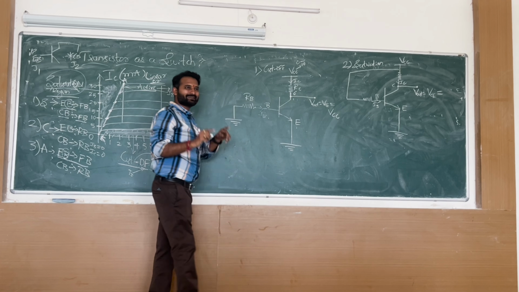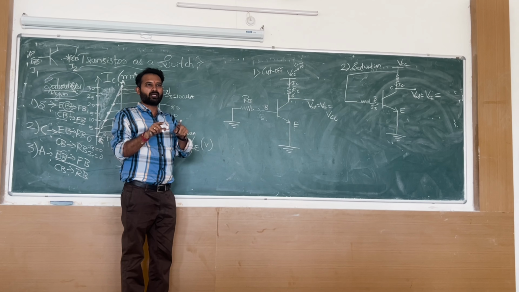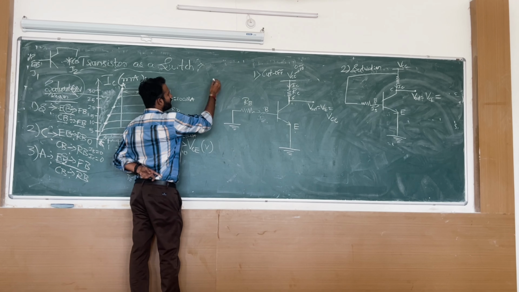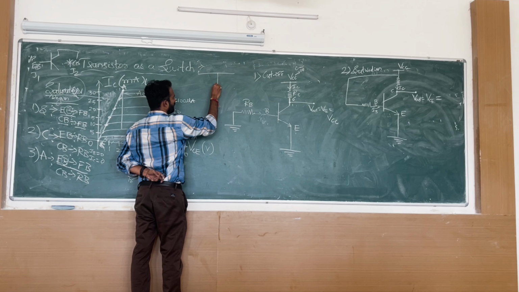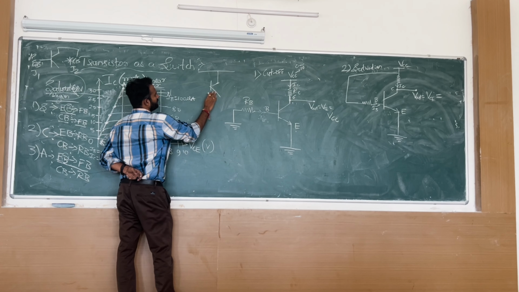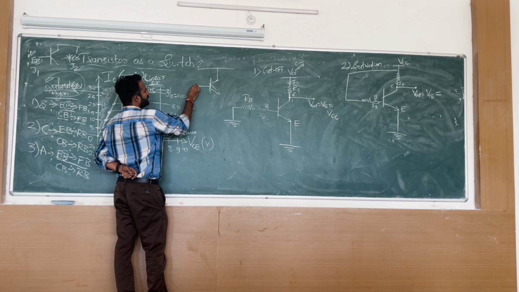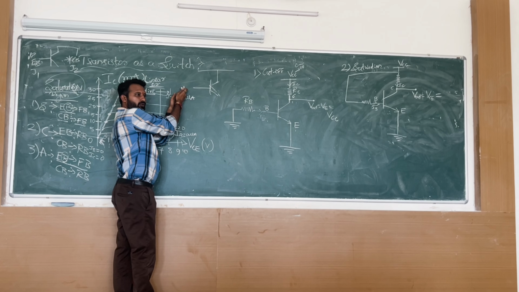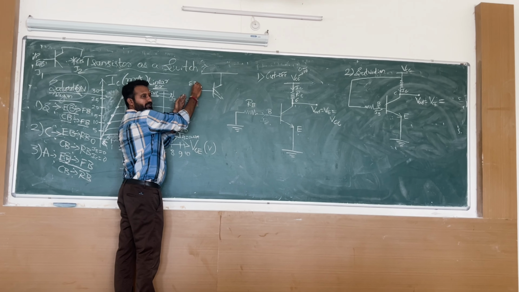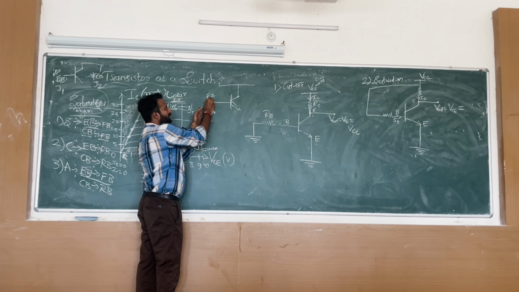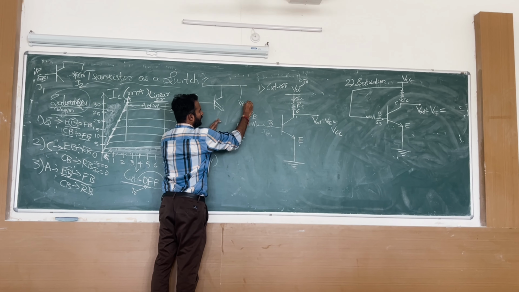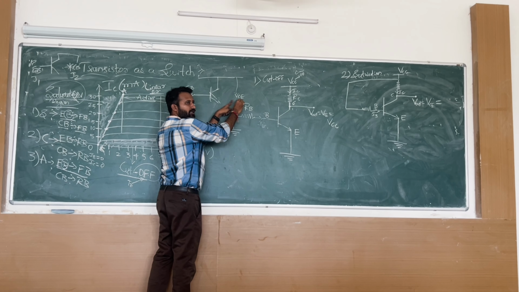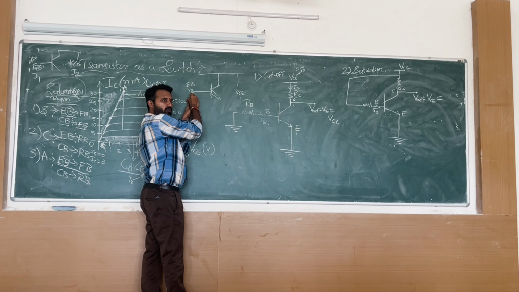When you see the circuit implementation of the common emitter configuration, on this side I will have the input, that is emitter-base, and this side I will have VCE, that is the reverse voltage. The emitter-base junction is always forward bias.